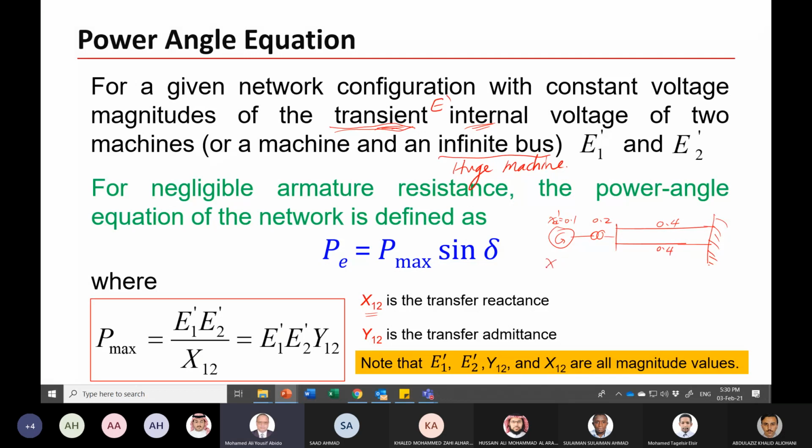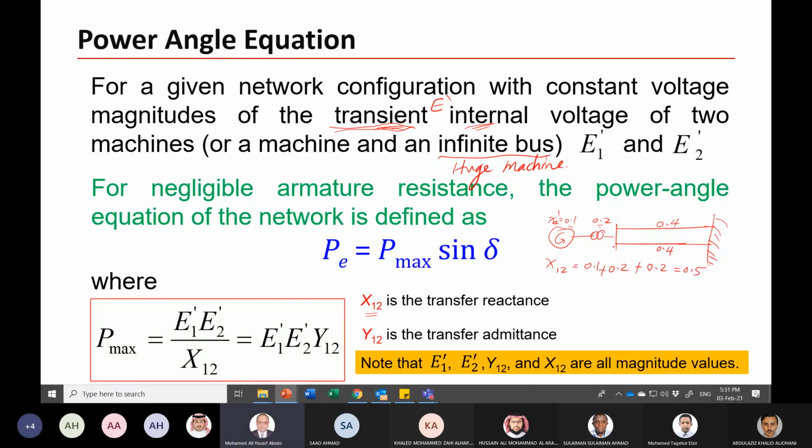How much is X12 in the normal, steady state? Abdulaziz Khalid, please. 0.5, which means 0.1 plus 0.2 plus the two lines in parallel, which is 0.2. So this is 0.5.